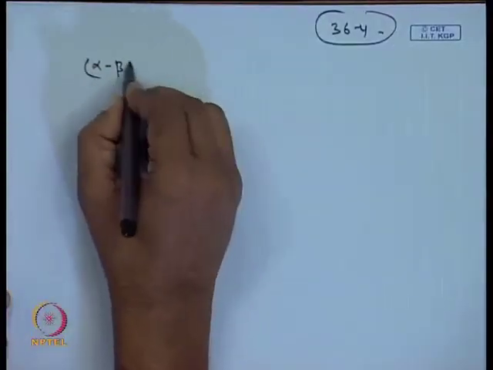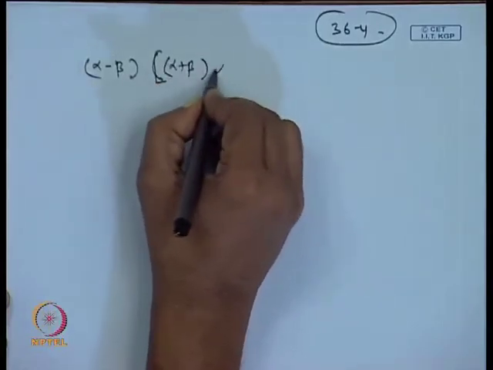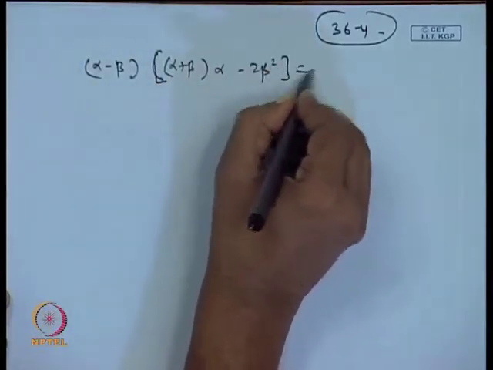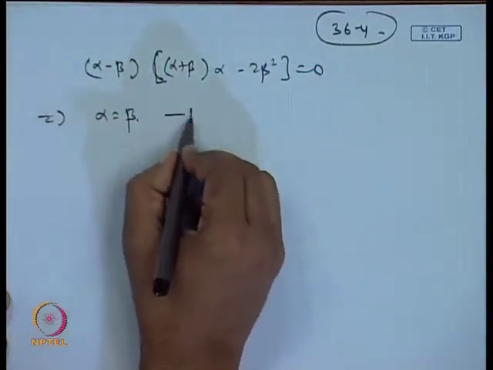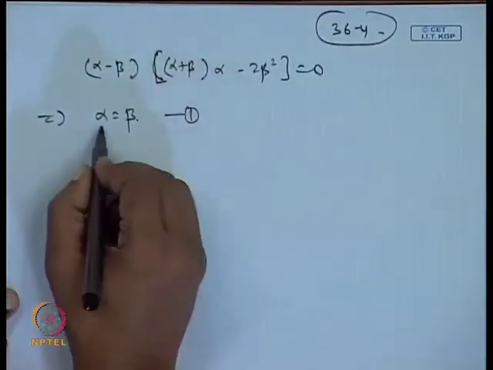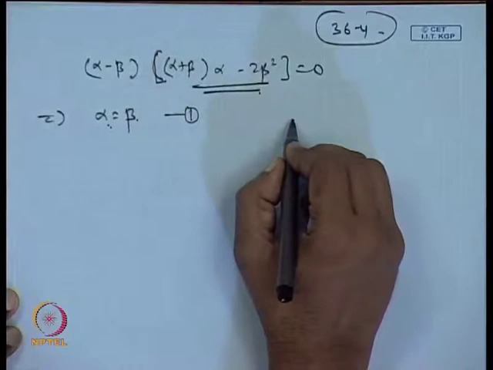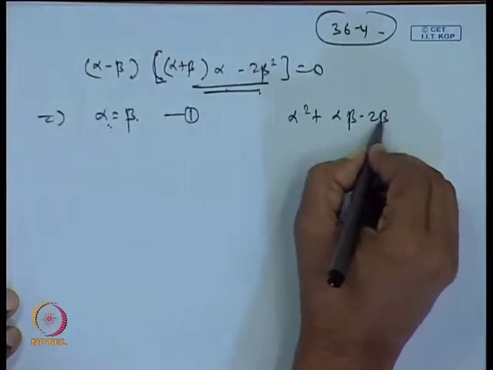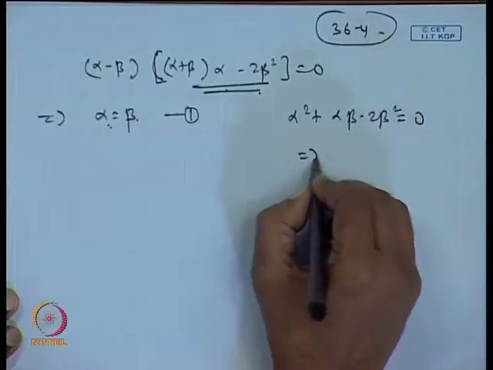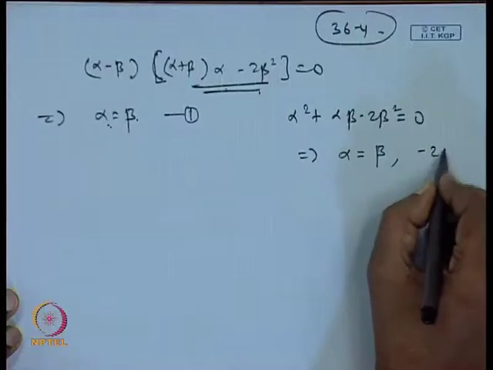Okay. So, our equation got reduced into the format alpha minus beta, alpha plus beta times alpha minus 2 beta square equal to 0. So, this implied alpha equal to beta, this was one of the solutions. The other two we get from this part: alpha square plus alpha beta minus 2 beta square equal to 0, and this implies alpha equal to beta, one solution, another solution is minus 2 beta.